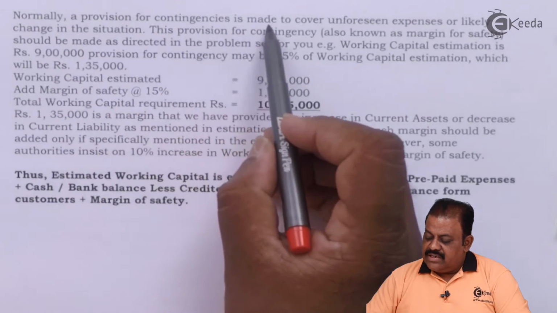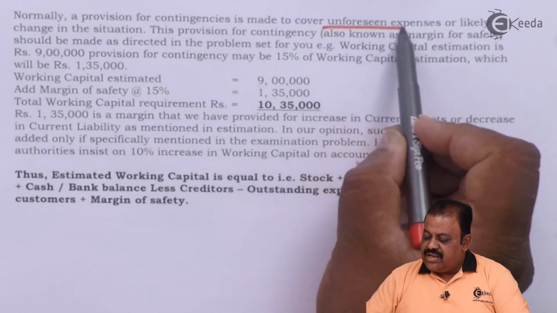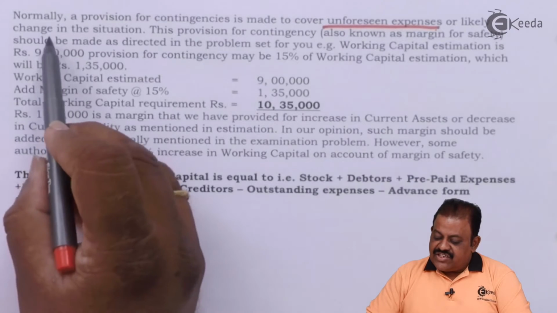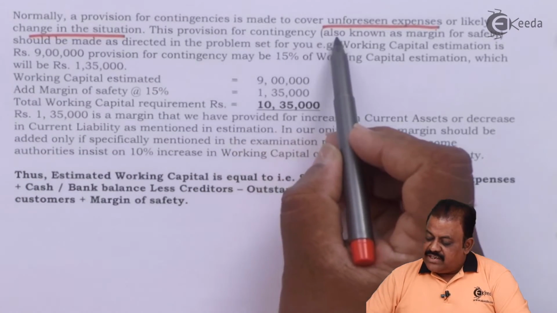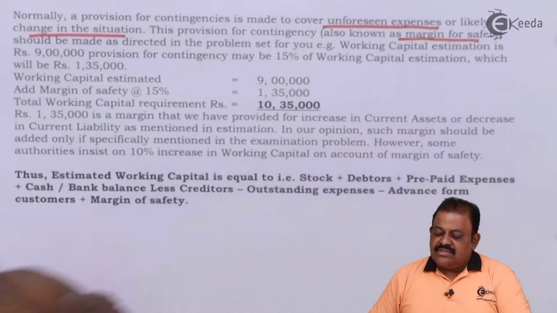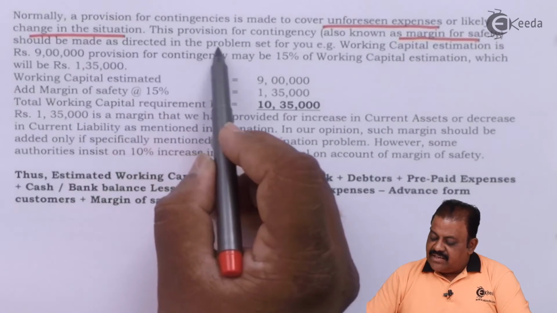Normally, a provision for contingency is made to cover unforeseen expenses or likely change in the situation. This provision for contingency, also known as margin of safety, should be made as directed in the problem.